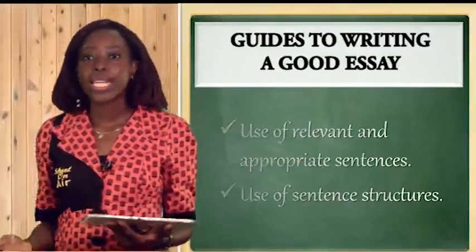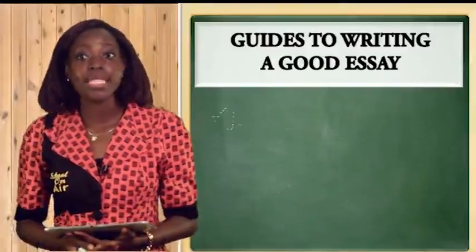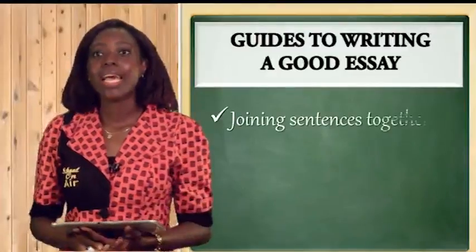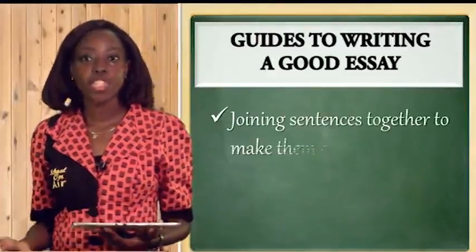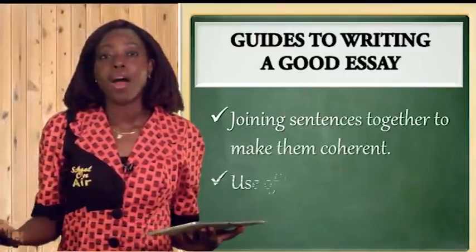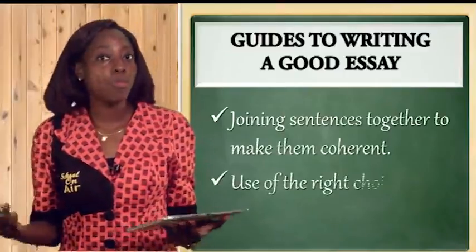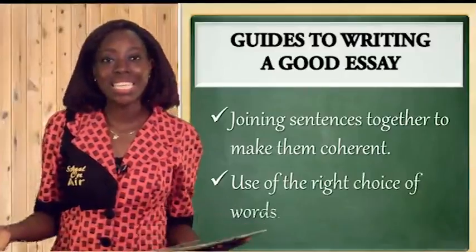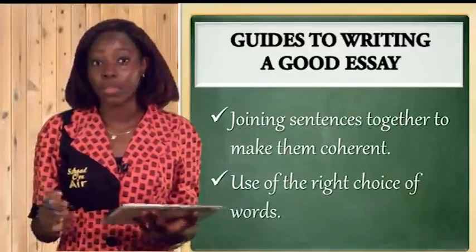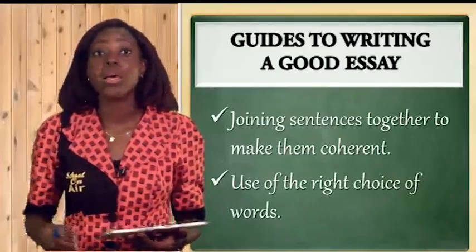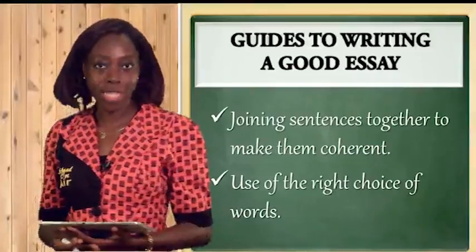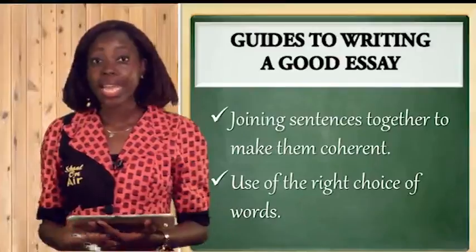We saw joining of sentences together to make them very coherent, that is easy to understand, and we saw the use of the right choice of words. Now, we did not go around using inappropriate words like greetings or insultive language. We just went straight to the point. Now, that's a formal way of writing an essay. Like we saw the formal and informal ways or use of expression in an essay.